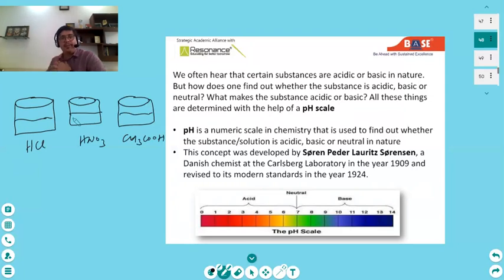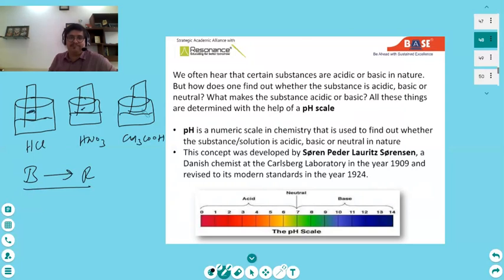Okay. And litmus is an indicator that we use. Methyl orange, Congo red and all, they all are indicators. If suppose I dip litmus paper here, here and here, you know that acid will turn blue litmus to red.